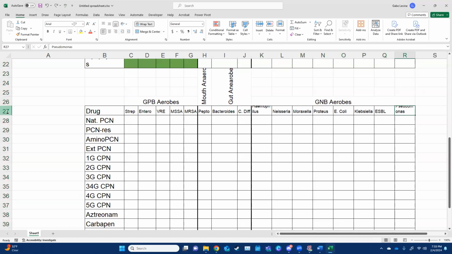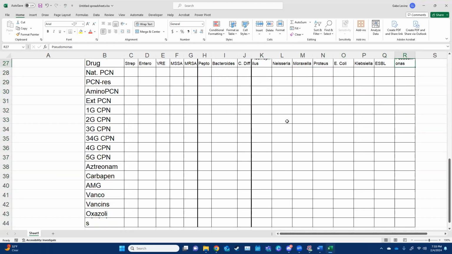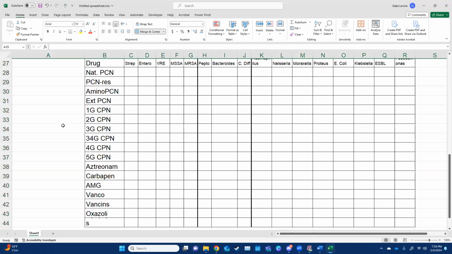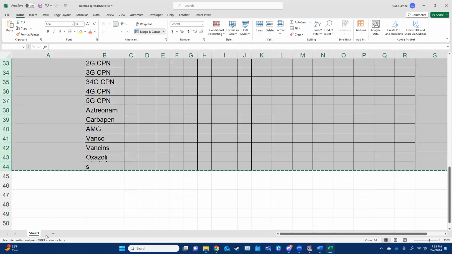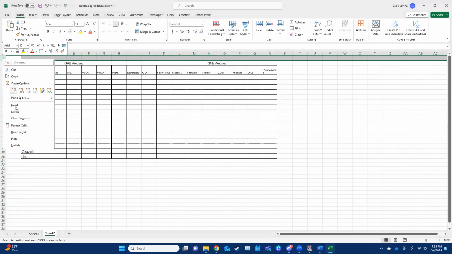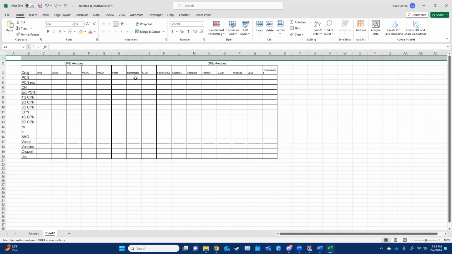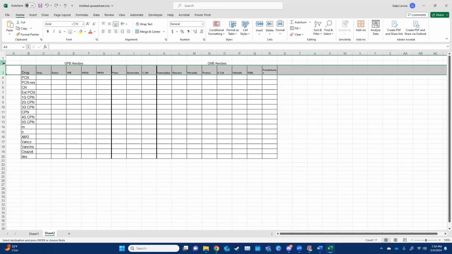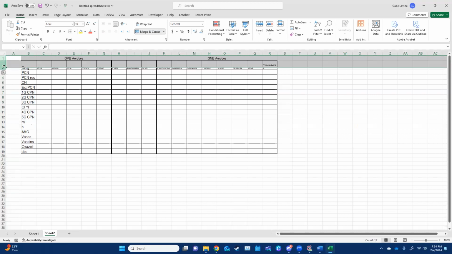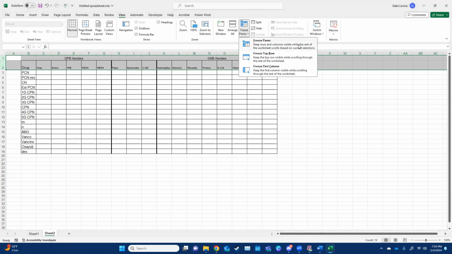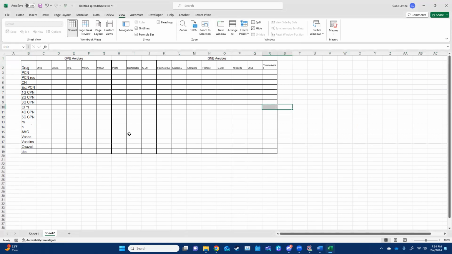So I think it's actually easier for us to start with the... delete. What do I want to do? I want to freeze the top two rows. View and freeze pane. There we go.